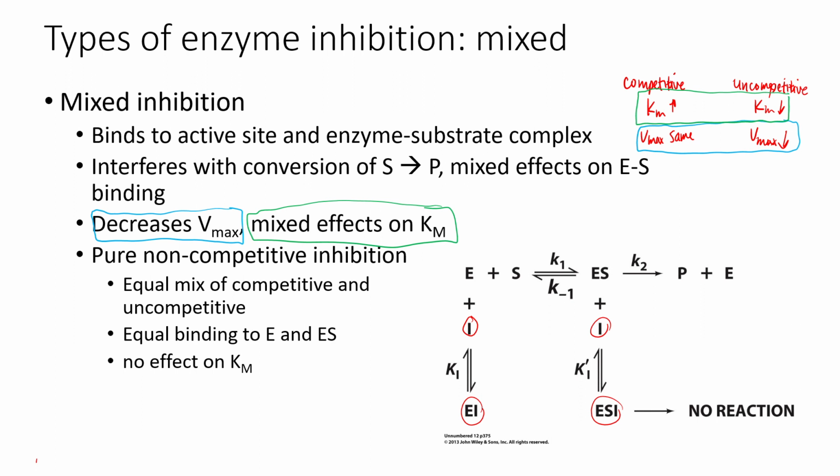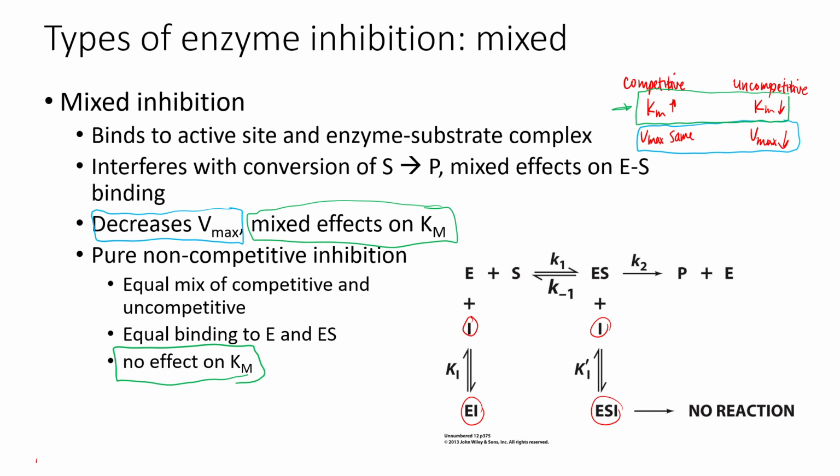And this type of pure non-competitive inhibition is going to have no effect on the Km, because if it's an exact equal mix of Km going up and Km going down, then Km will stay the same. And again, this pure non-competitive inhibition will still have this decrease in the Vmax.